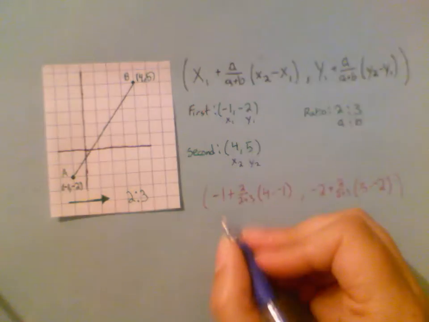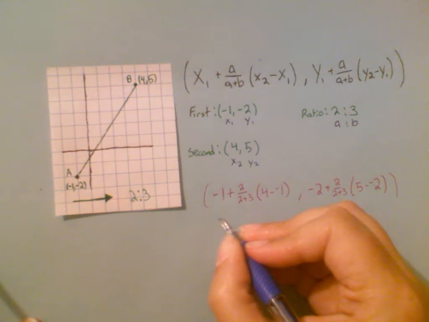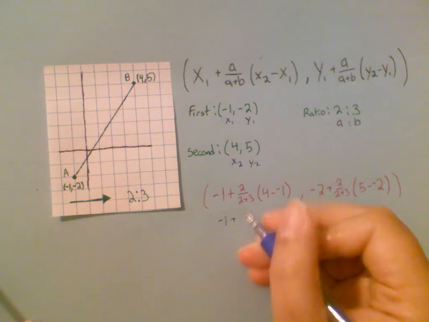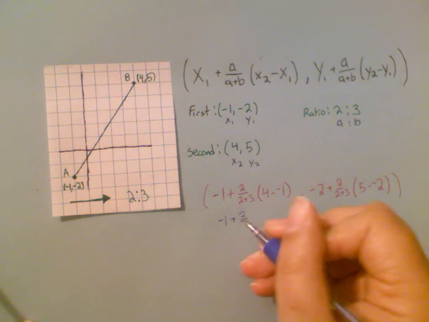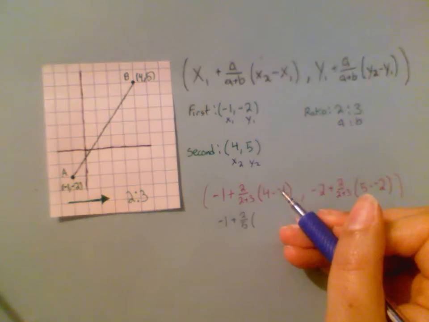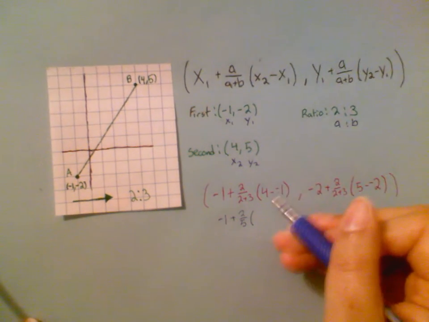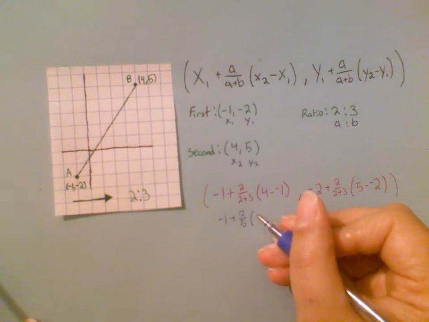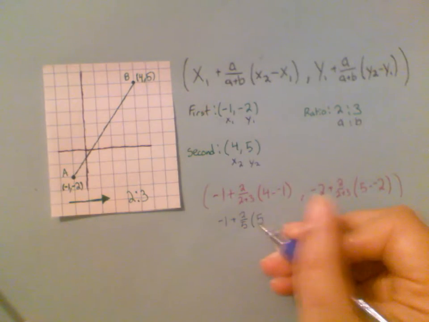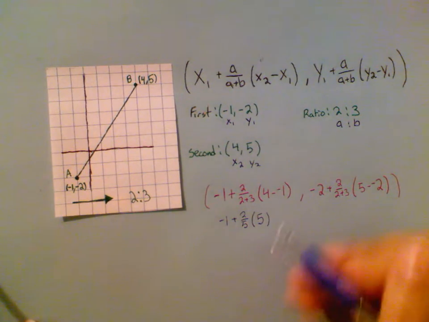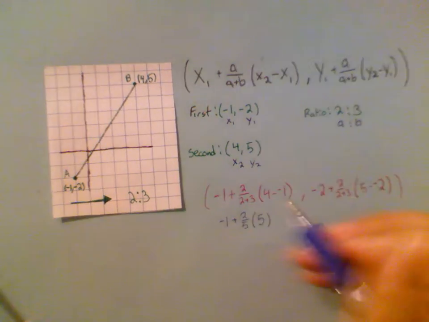So we've got, I'll just carry down the -1 plus, and then 2 over 2 plus 3 is just 2 over 5 times 4 minus -1. Double negative, that's an addition. So 4 plus 1 is what it really says. It's 5.